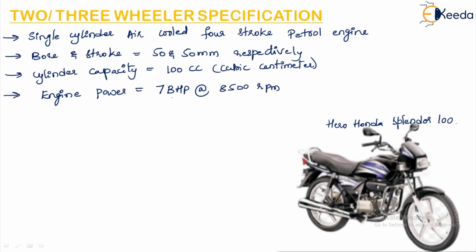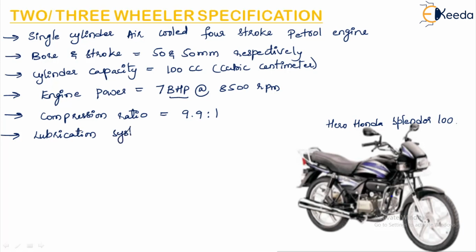So bhp is the brake horsepower and rpm is the revolutions per minute. Then we have the compression ratio. The compression ratio which is required for the fuel is 9.9:1.